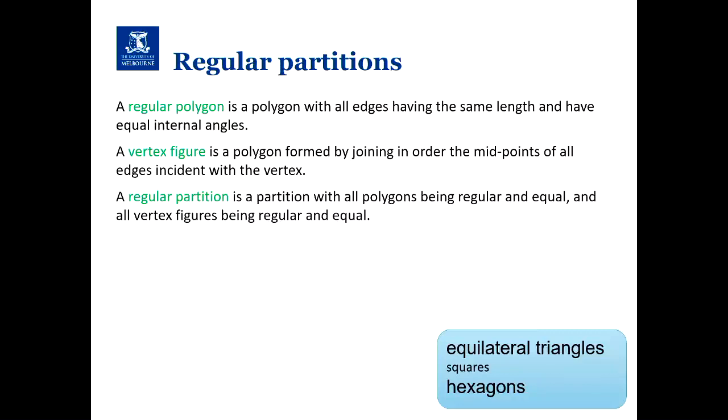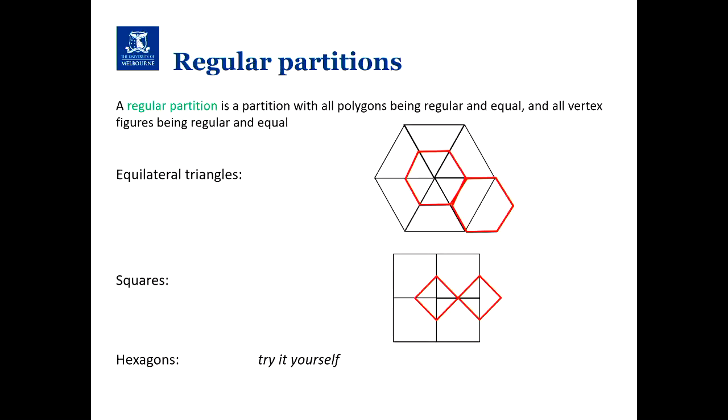A regular partition is a partition where all polygons that are being used are regular and equal. It will be better understood with the example. So we know that this is a regular partition, the triangle.